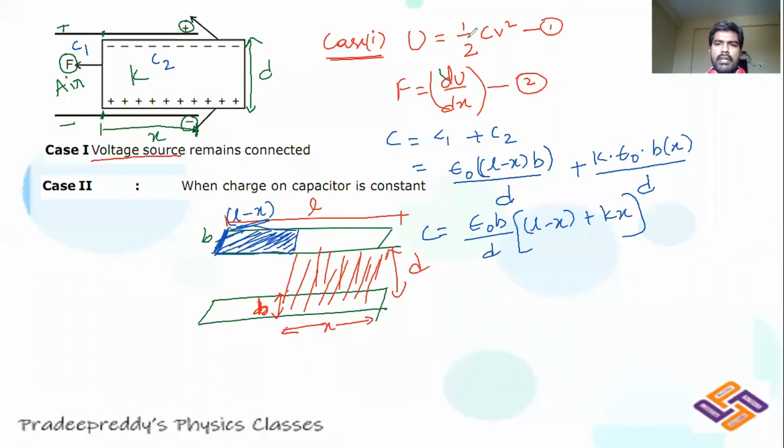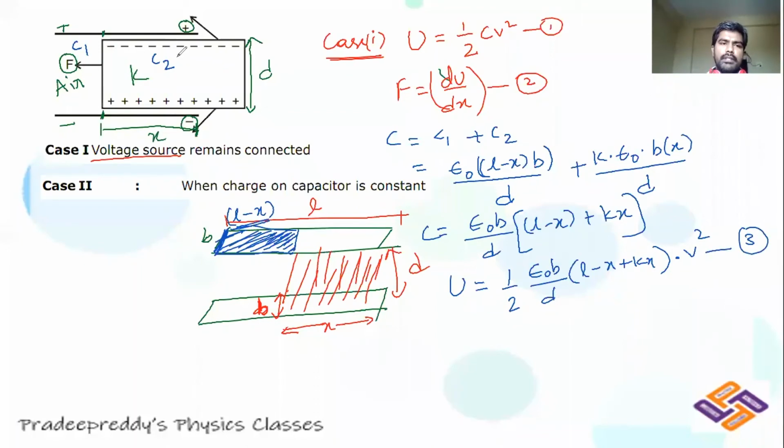And the potential difference, however, will be V. So I can write down the potential energy U is equal to half into C, which is epsilon naught B by D into (L minus x plus Kx), into V square. This is the potential energy, sorry. Let me take this as equation number 3. We have calculated the potential energy of this entire capacitor, which is partially filled with the dielectric slab. Now I want to find the force.